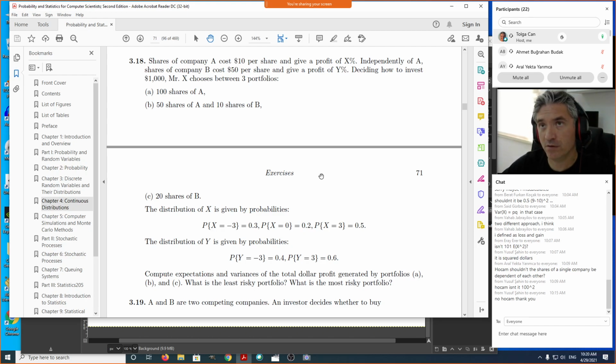Because your expected gain is 6, but if it has a very high variance, you wouldn't want to invest in that. If the expected gain of all three options is equal, then you may choose the lowest variance one.